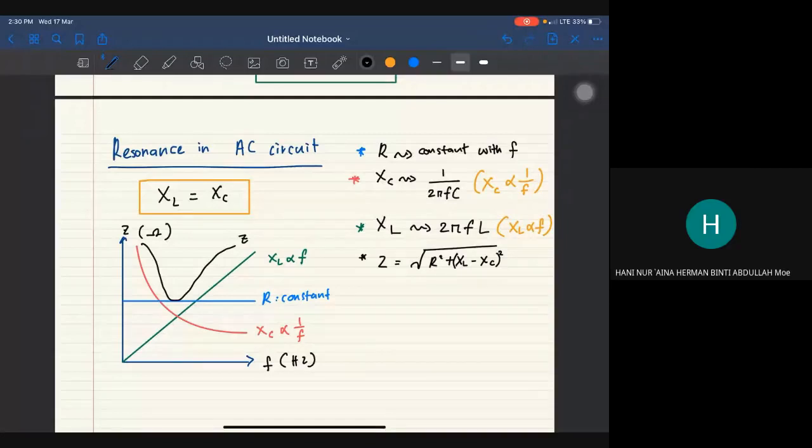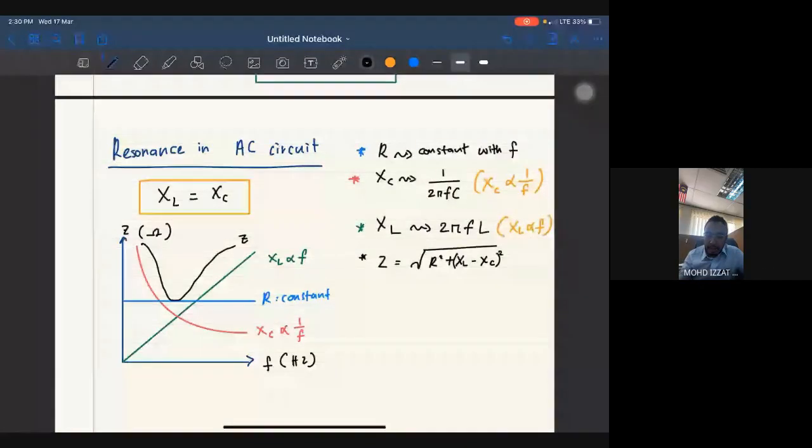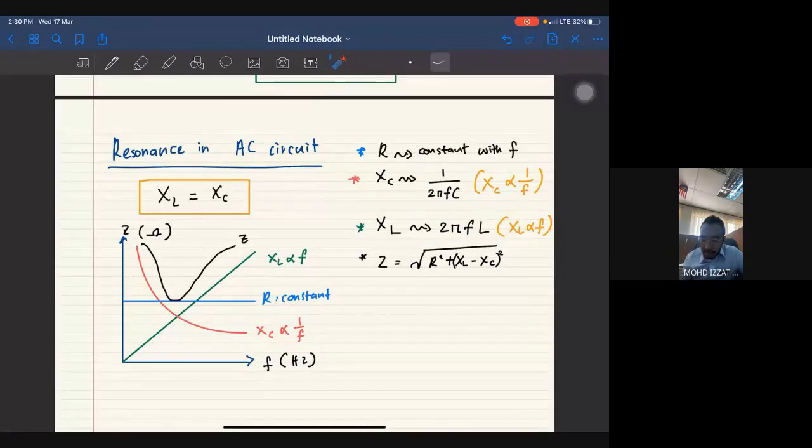No questions, sir. Okay, if you go back to the initial condition where XL equals XC, if you look over here, when are they equal? XL is the green line, and XC is the red line here. So when, or at which position, are these two equal? I ask, I answer.